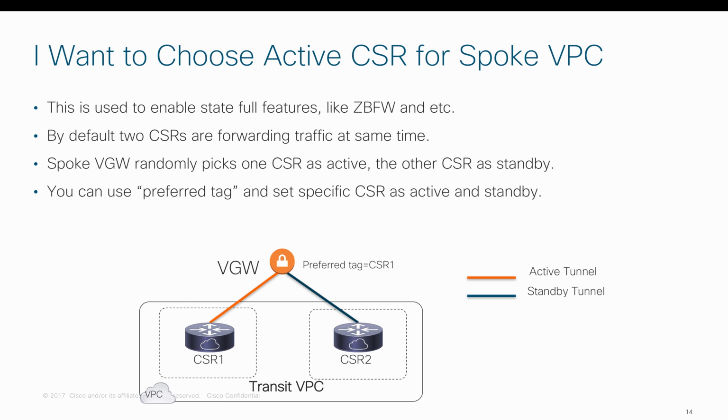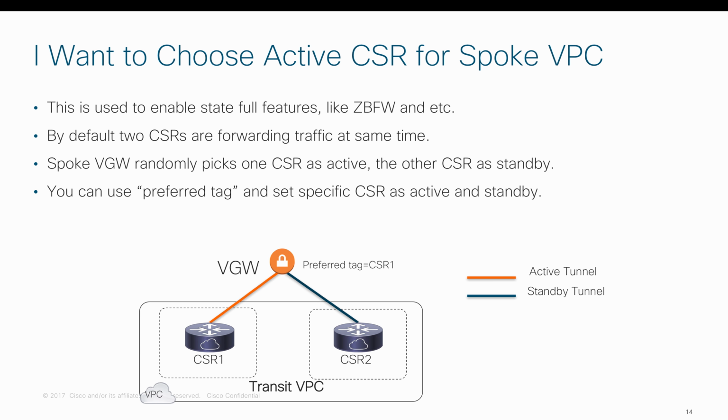If you don't enable this preferred tag, you probably will end up with an asymmetric routing issue. The incoming packet may go to one CSR, and the return traffic may go to another CSR. If you are running zone-based firewall, the packet will be dropped because half of the conversation doesn't make sense, right?